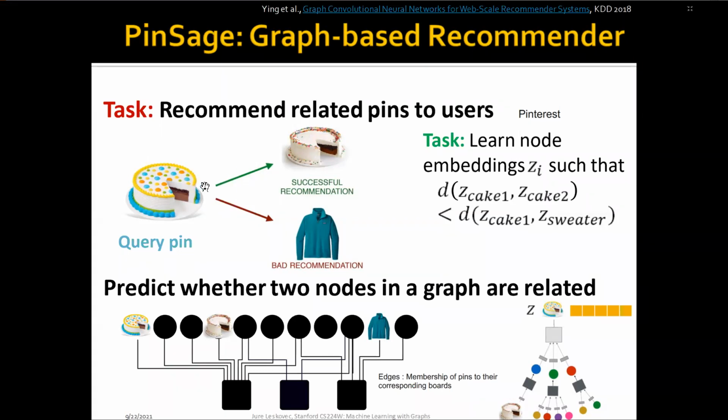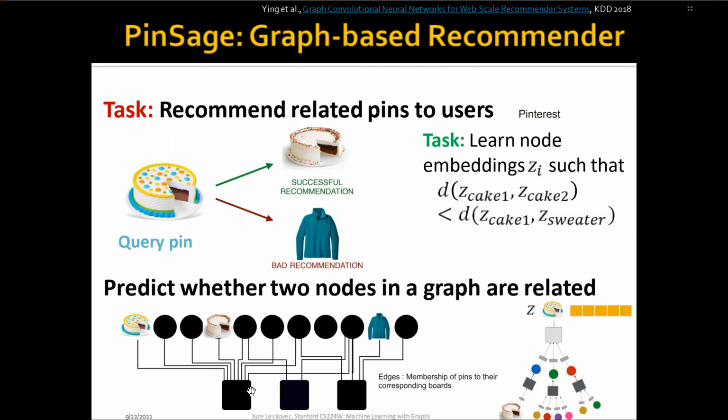So it's trying to figure out these missing links that closely relate two pins that have similar visual elements or visual feelings. So in their graph, these are all the pins, and the edges are the membership of pins to their corresponding boards.